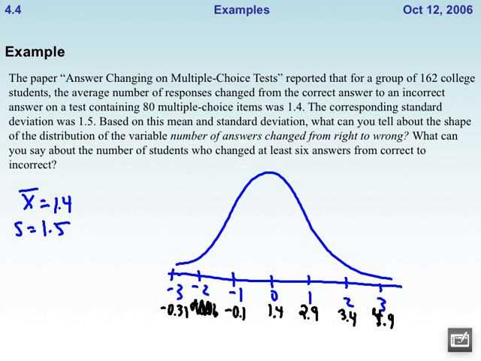Oh yeah, 2.9 plus 1.5 is 4.4. Okay, is this a little better?